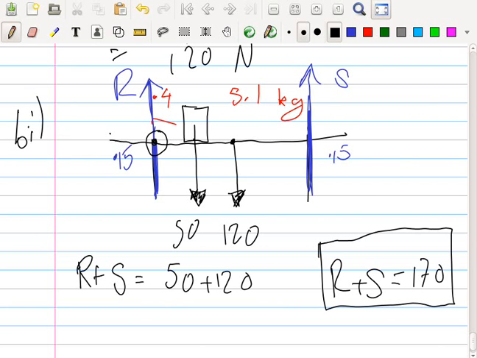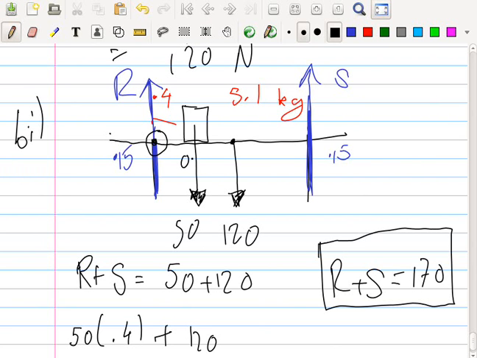This force, clockwise or anti-clockwise? Clockwise, and the turning force is 50 multiplied by 0.4. That's the distance, okay? This other one is clockwise also. And what's the distance? Well, the distance from here to here, how long is this table? 1.2, so 1.2 minus 0.15 minus 0.15, divided by 2, gives 0.45 to the center.